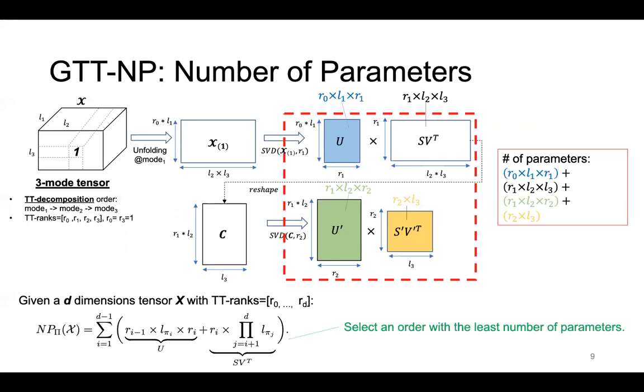Once we have the number of parameters for each order, we can pick the order with the least number of parameters. Notice that this process is done before the tensor train decomposition, so we don't introduce extra overhead for the TT decomposition.